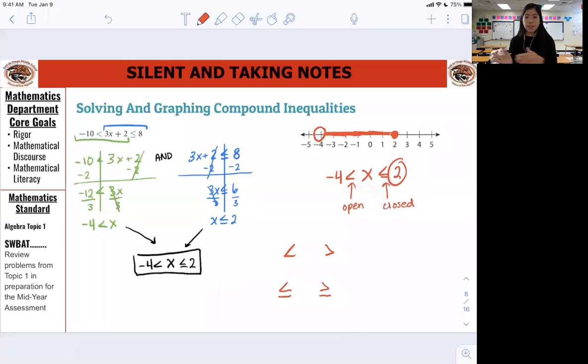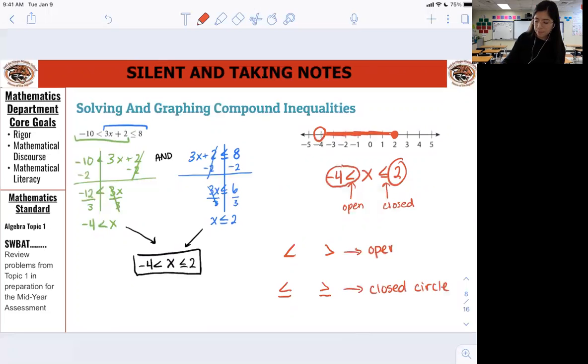X can be less than 2, but x can also be equal to 2. So that's why I put a closed circle on my graph, because the closed circle represents the fact that x can be that number. But then the -4 is just less than. X can't actually equal -4. So that's why I have an open circle, because open circle represents that x can't actually be that number. So that's the only difference, open versus closed.